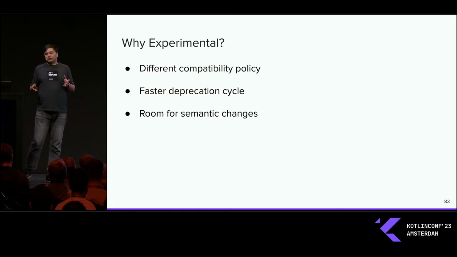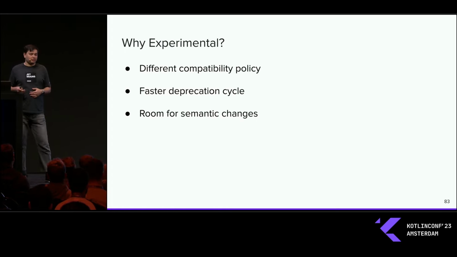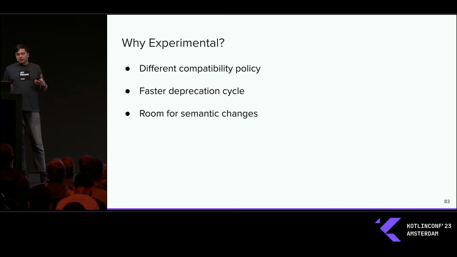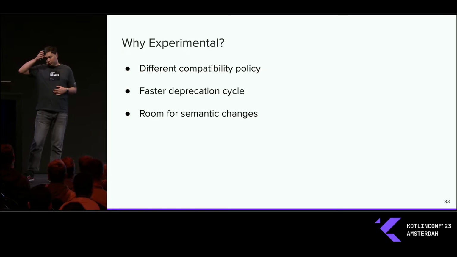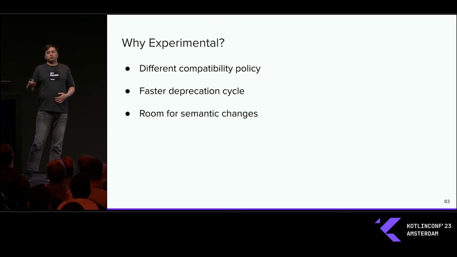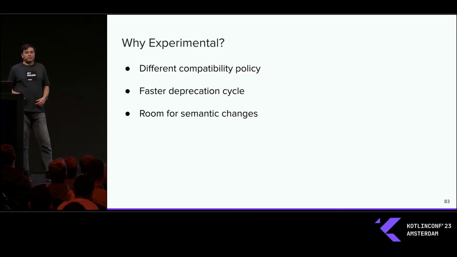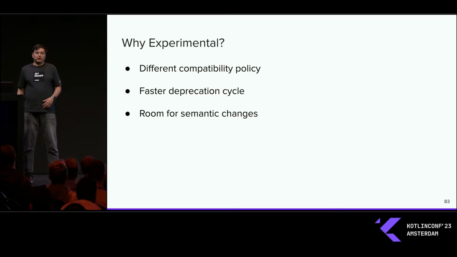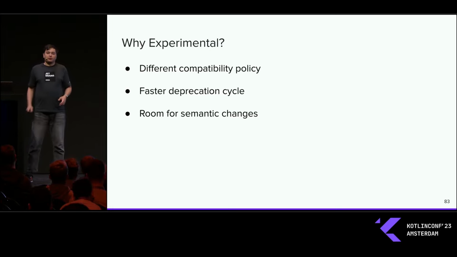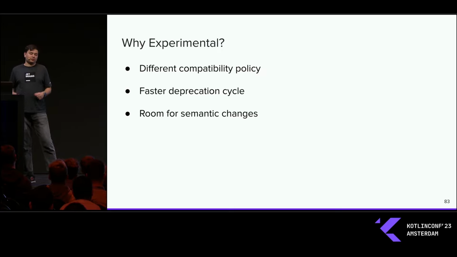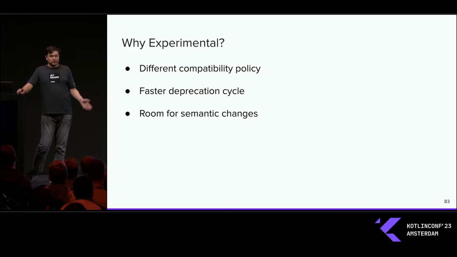Why do we want some API to be marked as experimental? For experimental API that is fresh and new, we may have, for example, a different compatibility policy or room for semantic changes. Because when you create a new function and release it, you may get some feedback about it, like, hey, there's a parameter missing, can we add a parameter to it that will change its behavior or accept additional data, and so on.